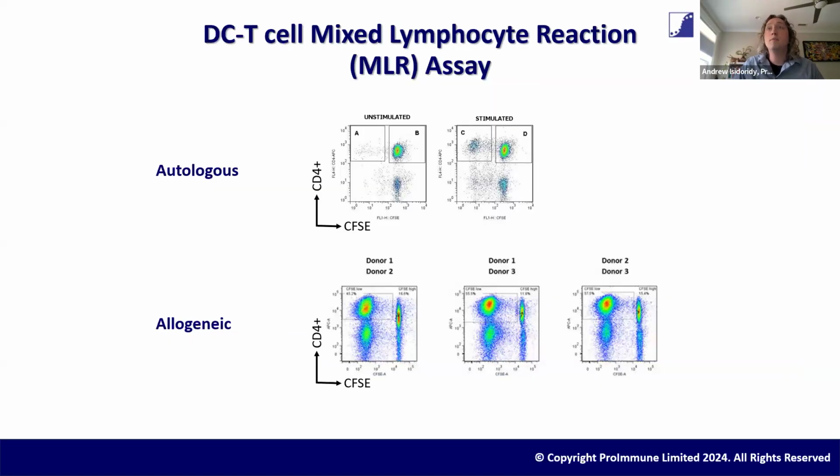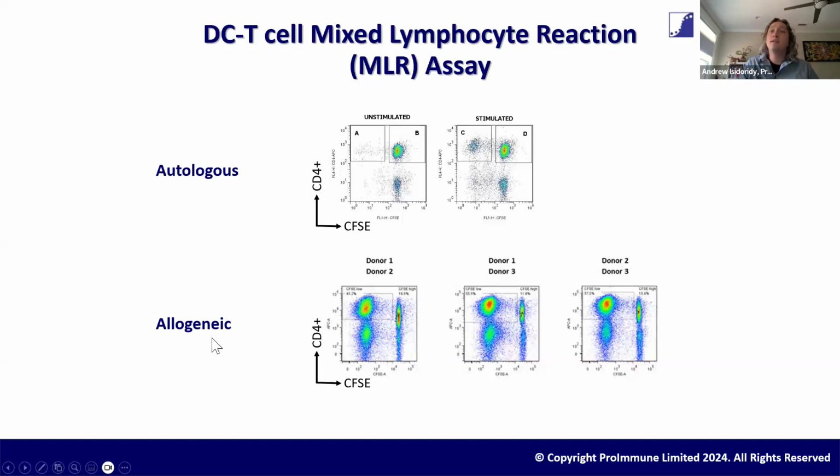A good example of how this looks: for an autologous condition in an unstimulated control, almost all of your CD4 cells are unproliferated. When you provide an antigen source, such as a protein, an antibody, something like that, you'll get some degree of proliferation, as seen here in quadrant C for the stimulated variety.